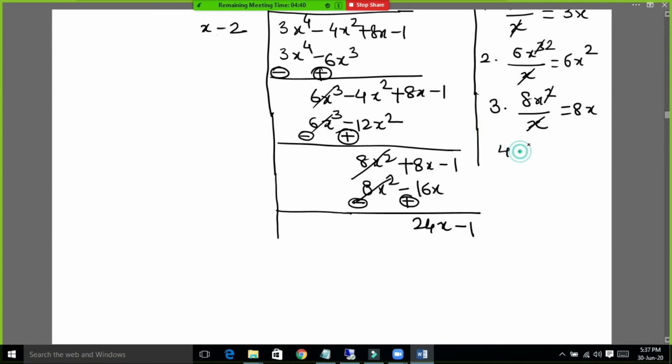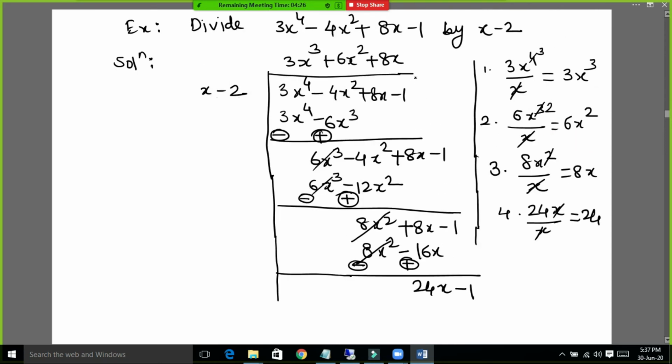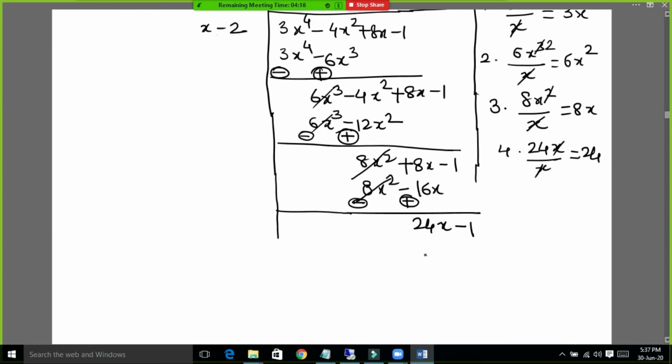Again at the fourth step, divide 24x by x. So x cancels, we get 24. Now in the quotient we have to write the 24 here. So 24 into x, 24x, plus 24 into minus 2, that is minus 48, plus minus minus.